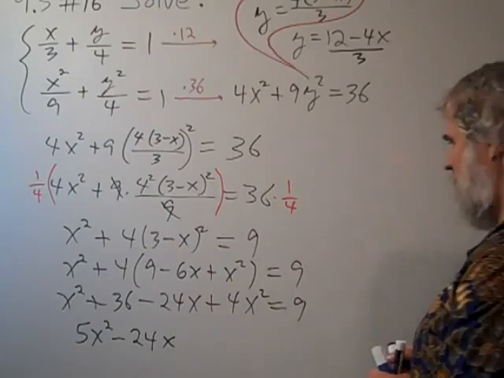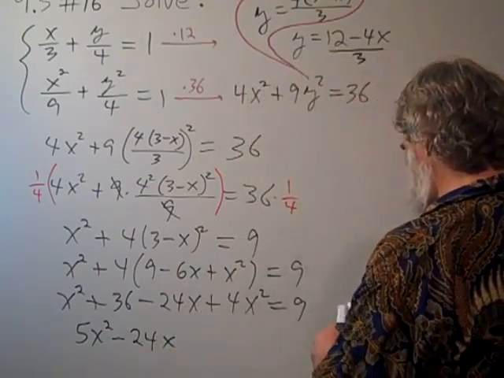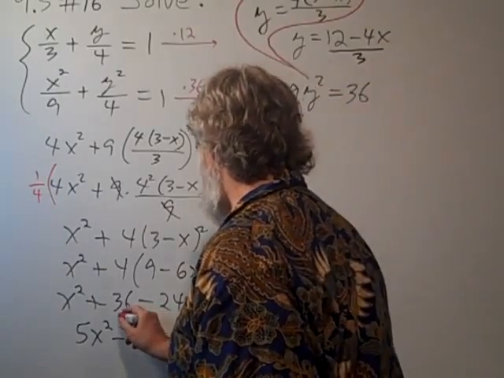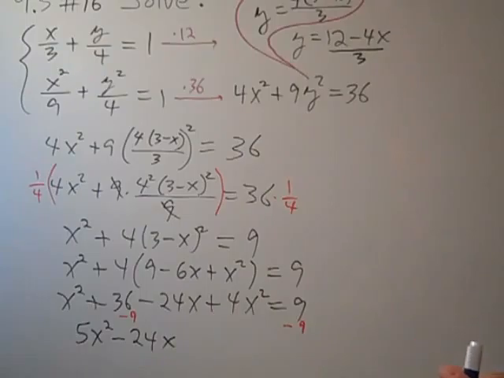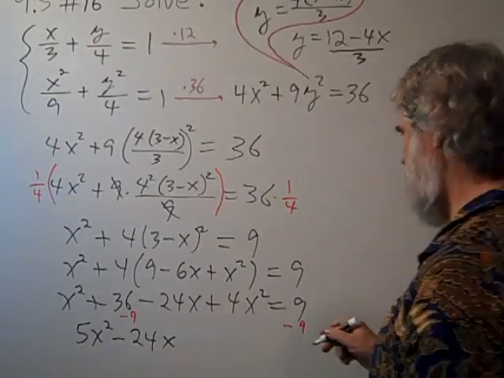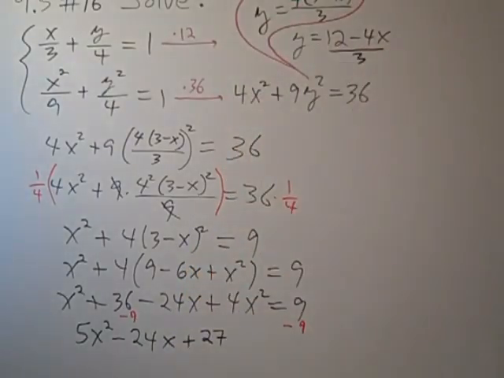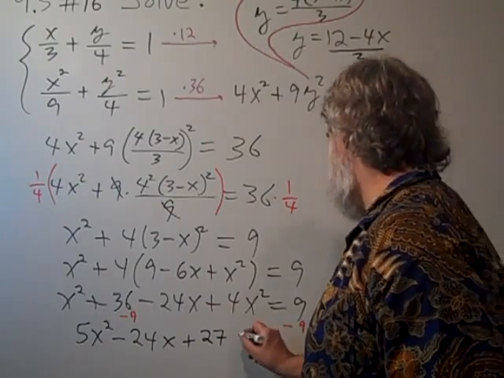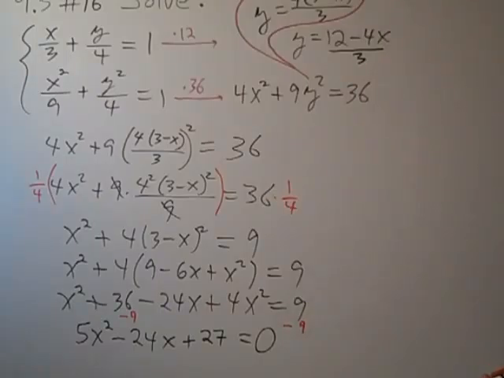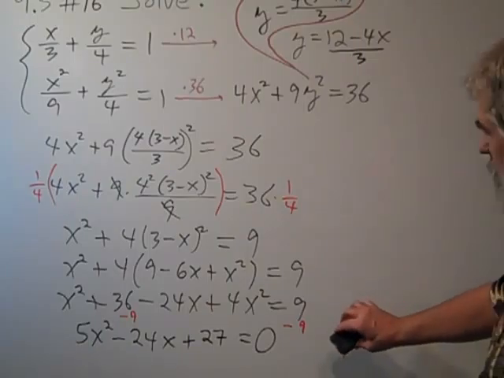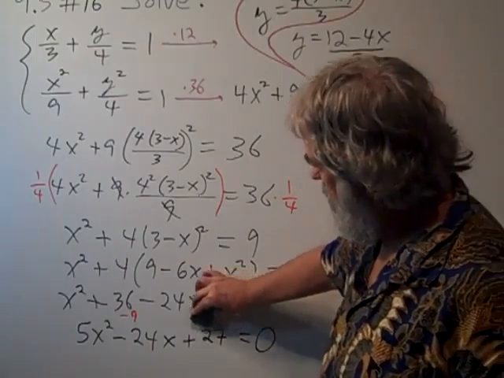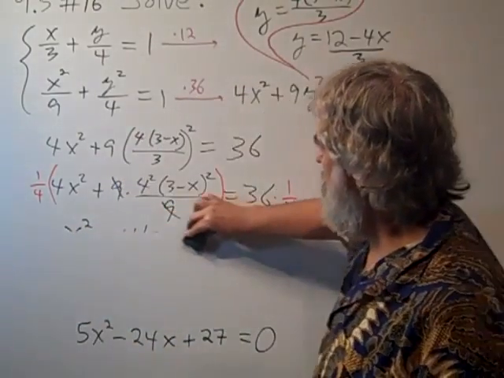And if I subtract 9 from both sides, 36 minus 9 is 27, plus 27, and all of this then equals 0. So now we can apply the quadratic formula to this quadratic equation to get our solution. At least we'll have solved for x.